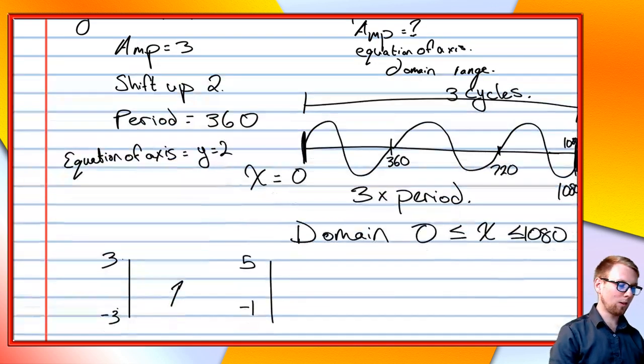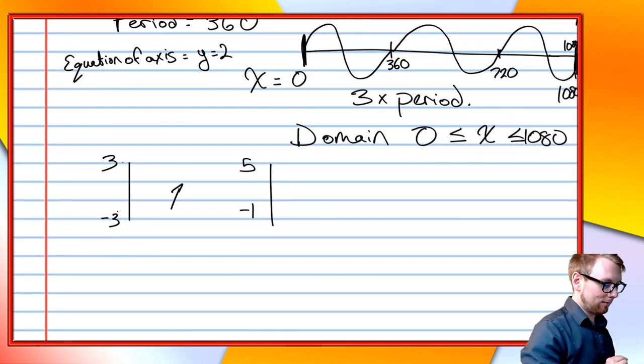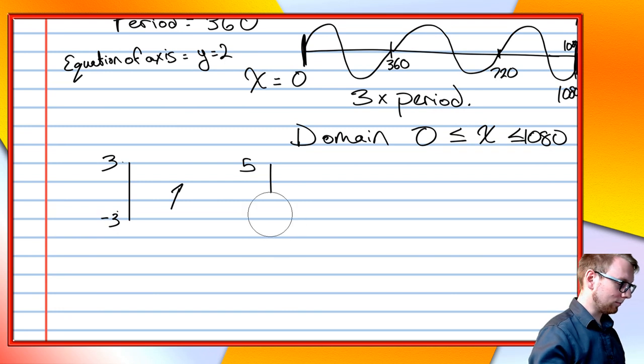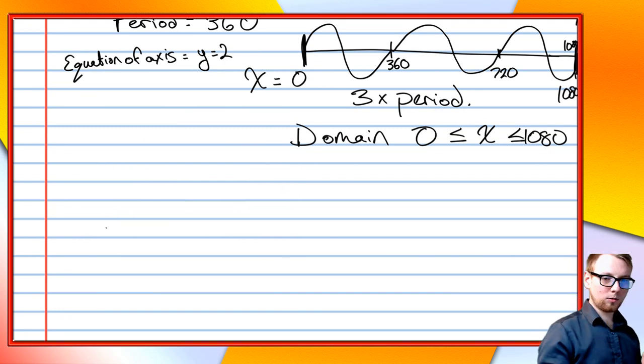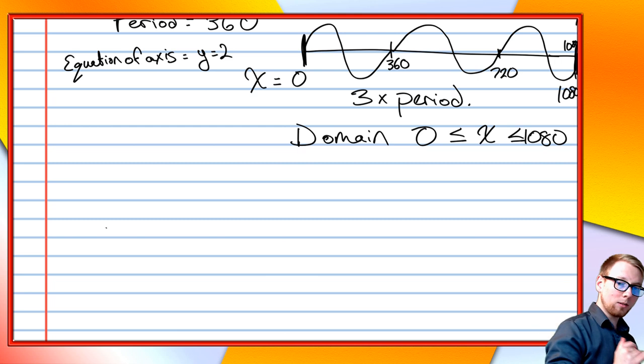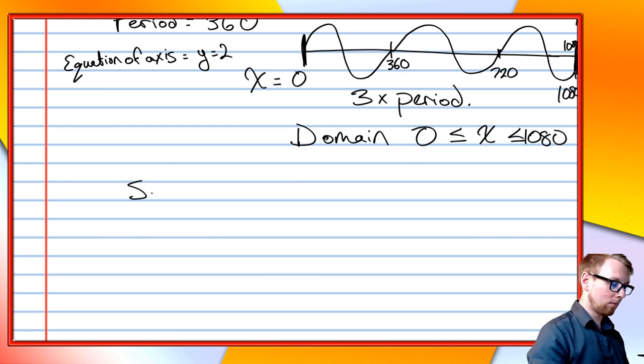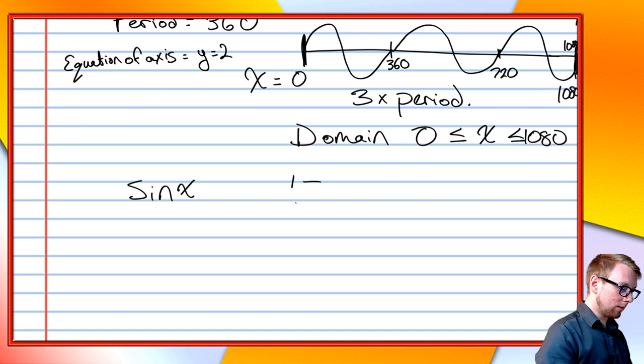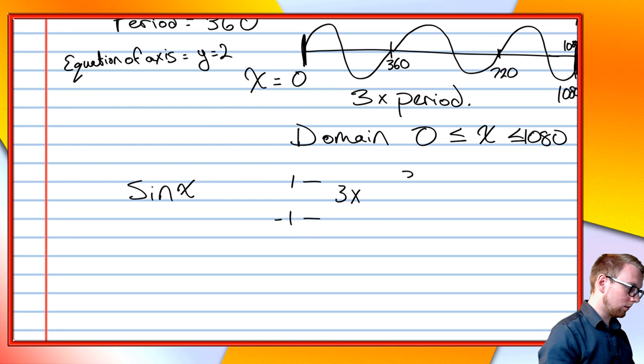Okay. Going back. So the range of the regular sine function, right, is from 1 to minus 1, right? Okay. The amplitude multiplies that range. So times 3 gives us 3 to minus 3 because of the amplitude.